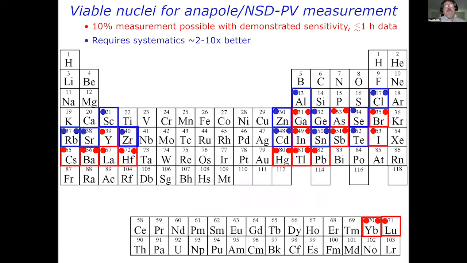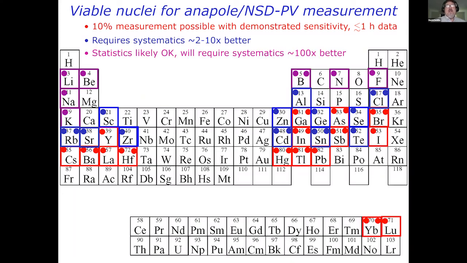That's about an order of magnitude better than we demonstrated. And with the purple ones going down to very light nuclei like lithium and beryllium, we think we can get enough statistics to measure the effects here, but we'll have to really improve the systematics beyond what we were able to demonstrate so far. We think that's plausible, but it's clearly going to take some work.